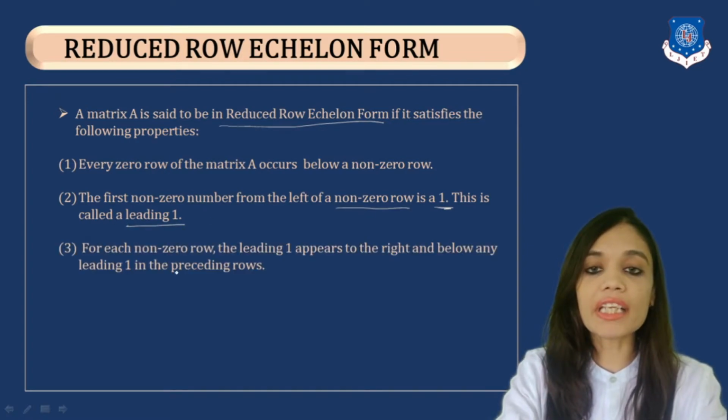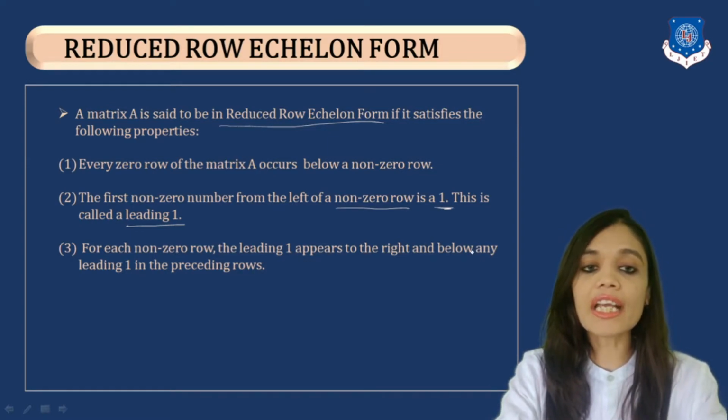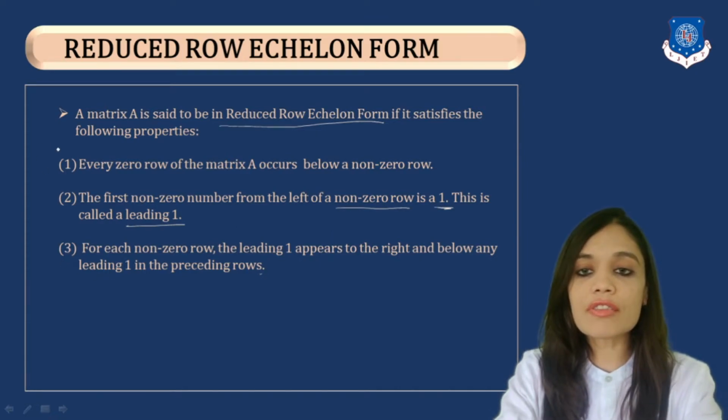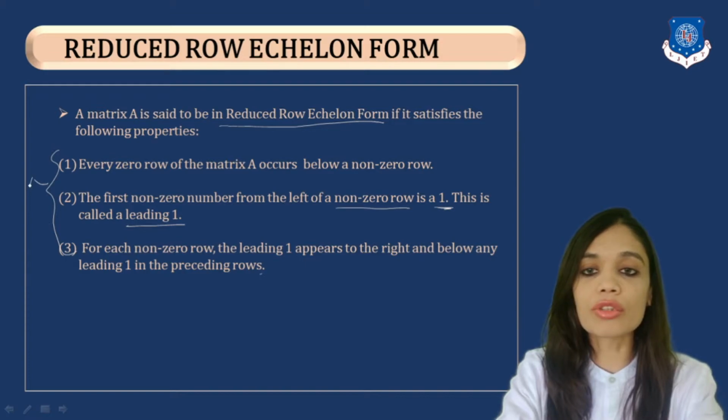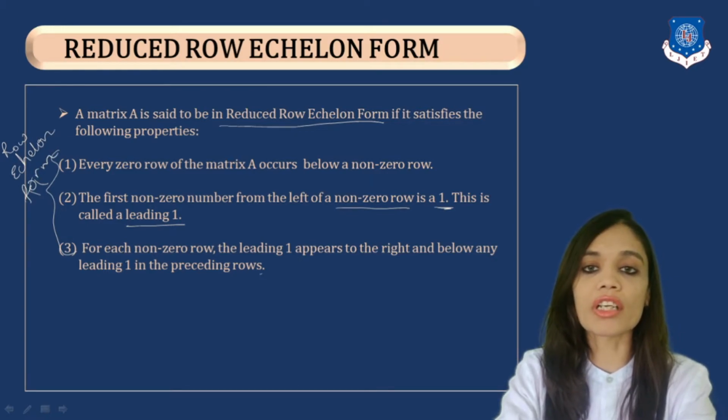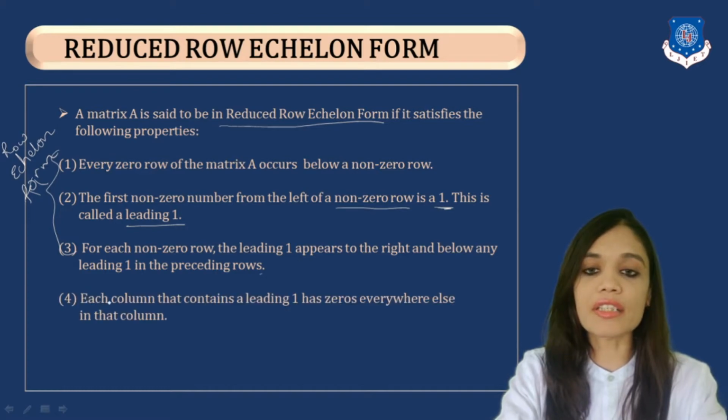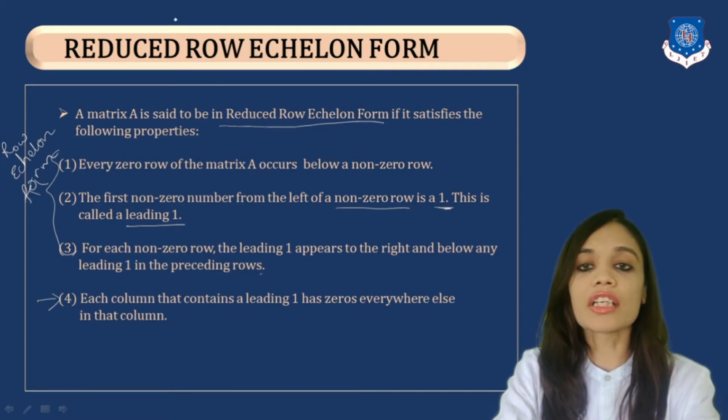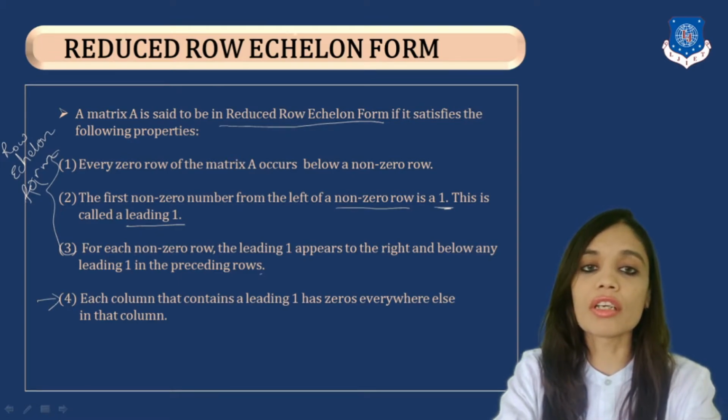The next property is for each non-zero row, the leading one appears to the right and below any leading one in the preceding rows. So these three properties are similar to row echelon form. Firstly, you have to form a row echelon form and then form reduced row echelon form. The last property is each column that contains a leading one has zeros everywhere else in that column. This is the only change in reduced row echelon form.